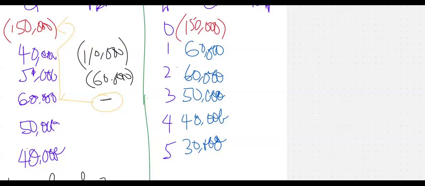So with the same concept, we will say negative 150,000, so negative 150 plus 60. Well, the 60 is the year 1 revenue, which is an inflow. How much would that give us? Negative 90,000. So negative 90,000. We write it in full.